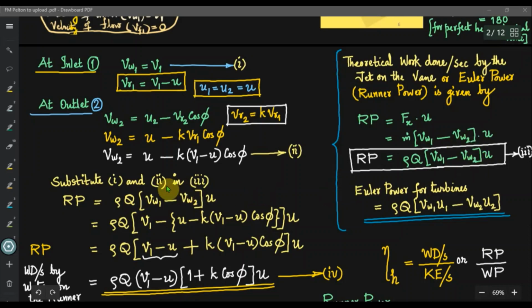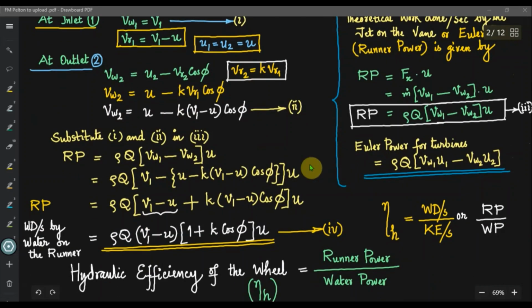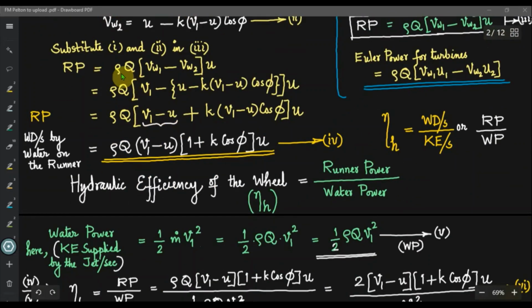If you make use of this relation, Vw2 is equal to u minus k into (V1 minus u) into cos phi, now you can obtain the expression for runner power in terms of the absolute velocity of the jet V1, the tangential velocity of the wheel u, the angle of vane at outlet phi, and the blade surface friction coefficient k. So for the runner power, we have rho Q into (Vw1 minus Vw2) into u.